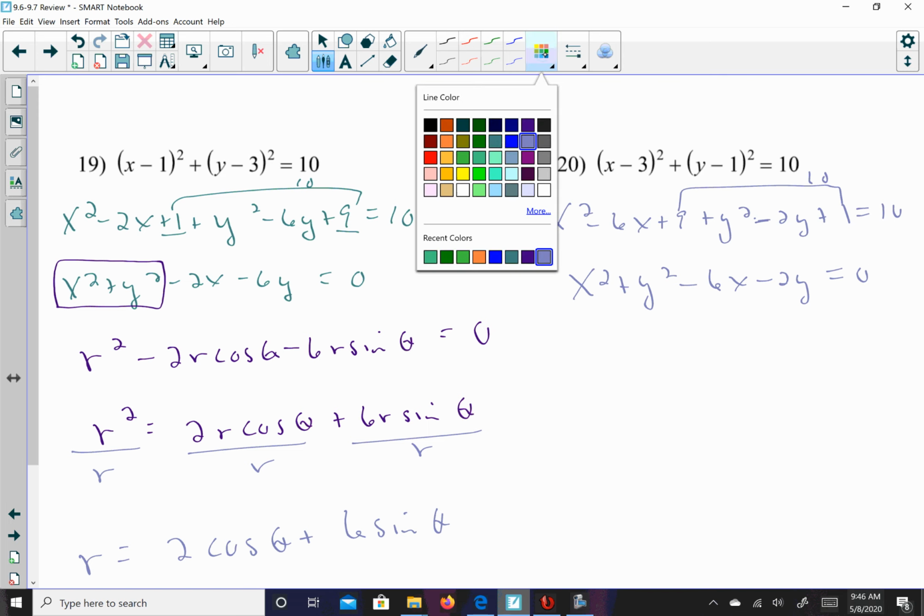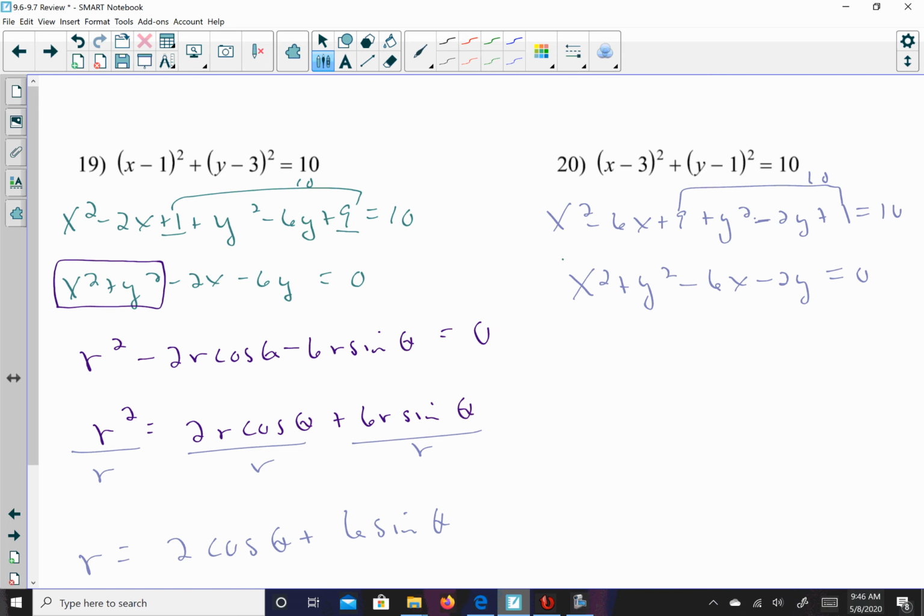So it's basically the same problem we just did. This is an identity that equals r squared. Then every time I see x, I'm going to write r cosine theta. Anytime I see y, I'm going to write r sine theta. And this is equal to 0. So I'm going to say r squared is equal to, adding everything over to the other side, 6r cosine theta plus 2r sine theta.